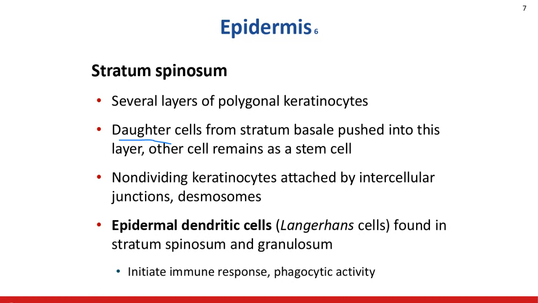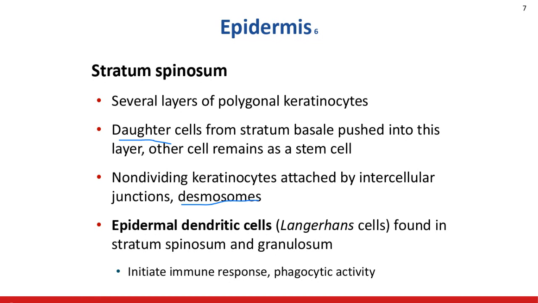As it does, it's going to start to form, I call it relationships, with its neighboring cells. These relationships, we call those desmosomes, which are intercellular junctions. Basically, these cells start to sew themselves together.